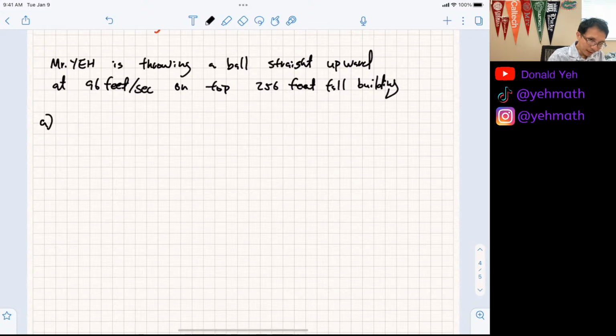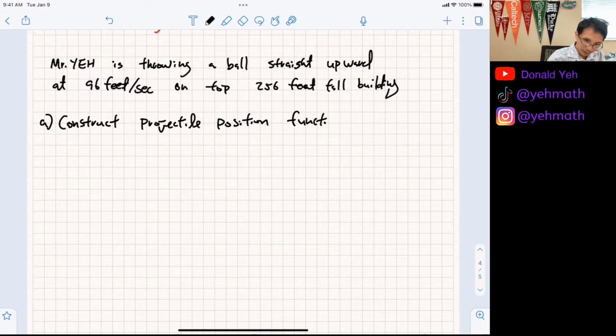Now we're going to ask you multiple parts about this question. A, can you construct a projectile position function? Very easy, so everybody should be able to do that. B, I'm going to ask you like 6 different parts.